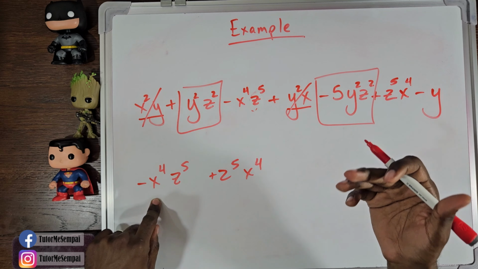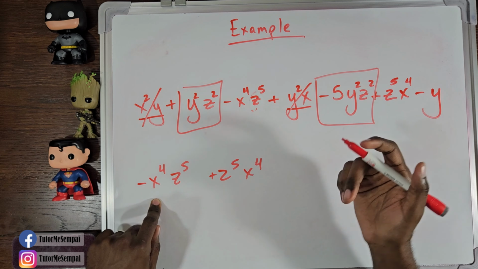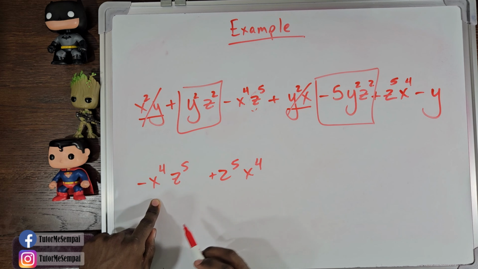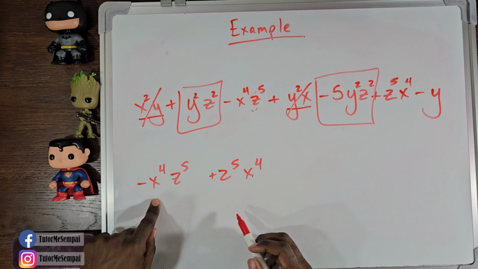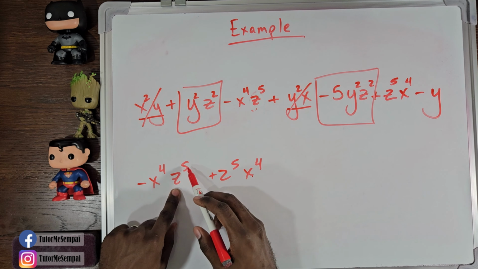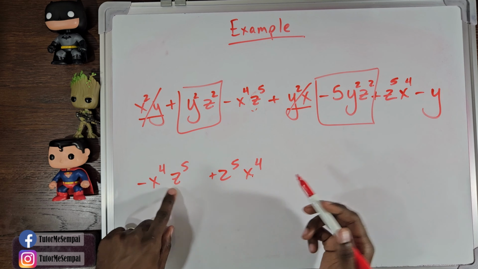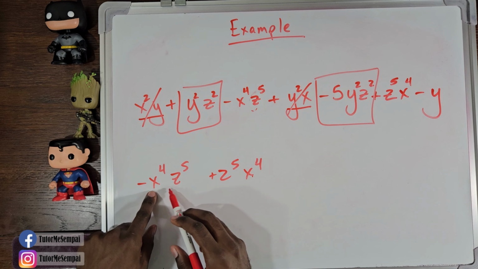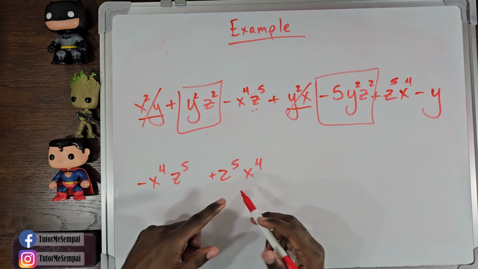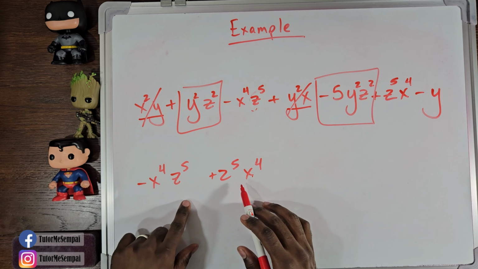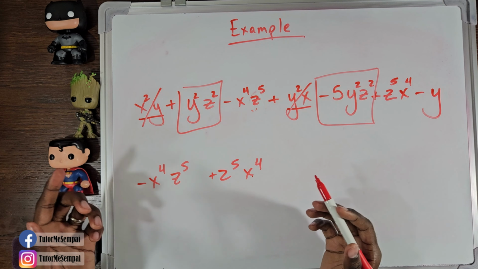They both have x's and z's, but how are their exponents? X to the fourth, x to the fourth. Looking good. Z to the fifth, z to the fifth. Looking good. But they're not in the same order. That's xz, and this is zx. Not in the same order. Is this still going to be a like term? Yes.